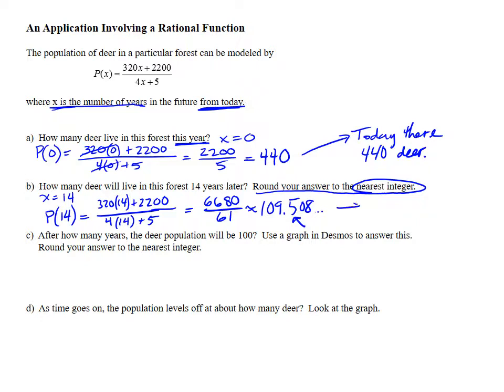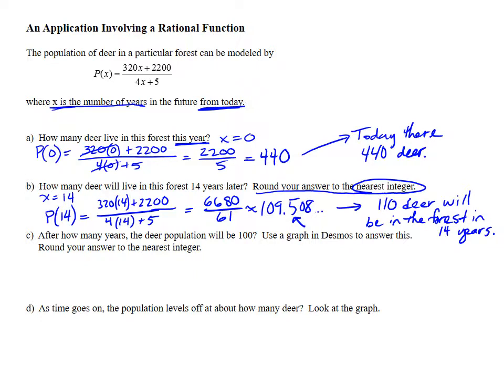So when we're rounding, this would be 110 deer will be in the forest in 14 years. So remember, write your answer out in words. So there's our answer in our second problem.